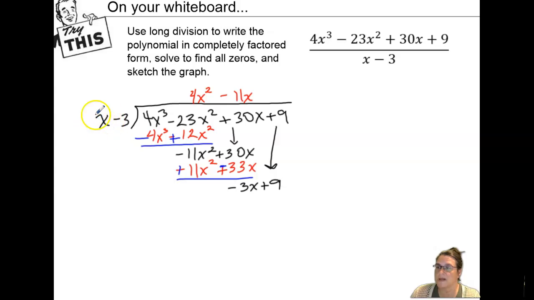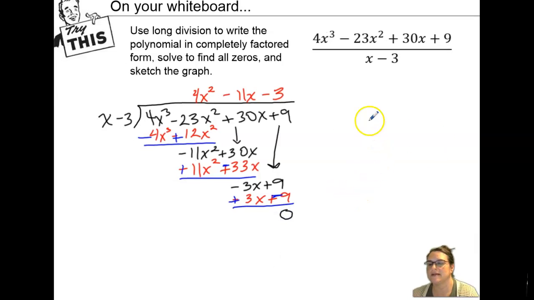So what do we multiply times x to get -3x? That would be a -3. -3 times x is -3x. -3 times -3 is positive 9. Then we will draw a line, change both signs, and we end up with a remainder of 0.